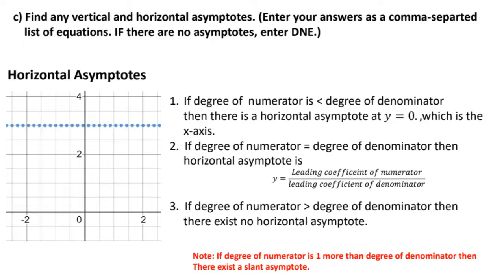If the degree of the numerator is equal to the degree of the denominator, then we have a ratio, and that's y equals the leading coefficient of the numerator divided by the leading coefficient of the denominator. In our last case, if the degree of the numerator is greater than the degree of the denominator, then there is no horizontal asymptote, but keep in mind that when this happens, we have a slant asymptote.